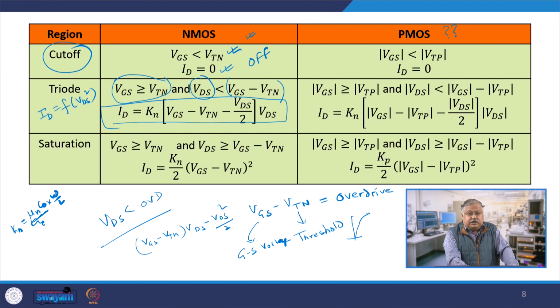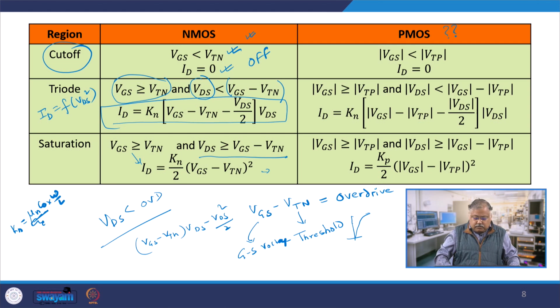So this is the triode region, and then we come to the last part, and that is saturation, where the gate voltage is surely above the threshold voltage. The device is switched on, but my drain to source voltage has exceeded the overdrive, and then I get a current which is independent of VDS. You see, there is no VDS term coming into the picture. It only depends upon VGS minus VT whole square, which means that ID is independent of VDS, which effectively means that you will go on getting a constant current at a very large value of VDS, independent of the value of VDS.